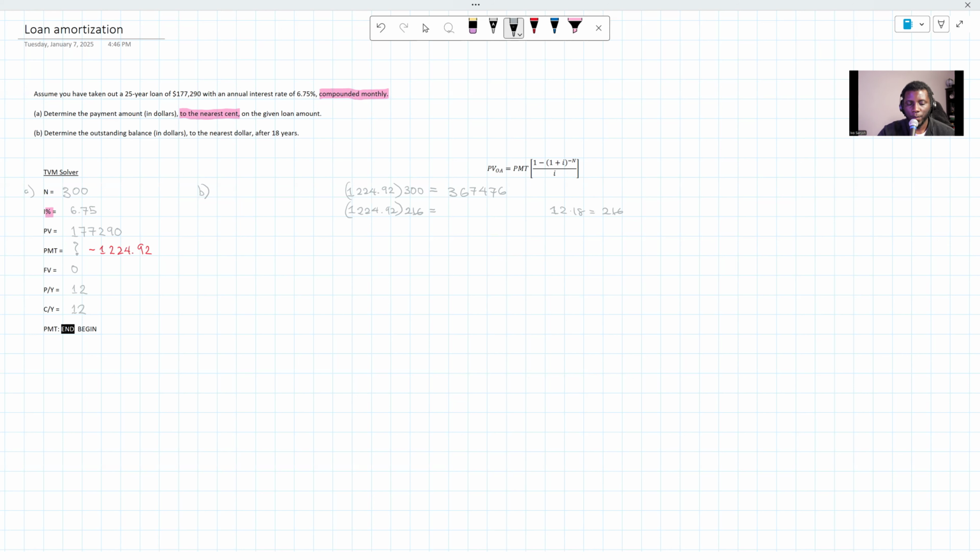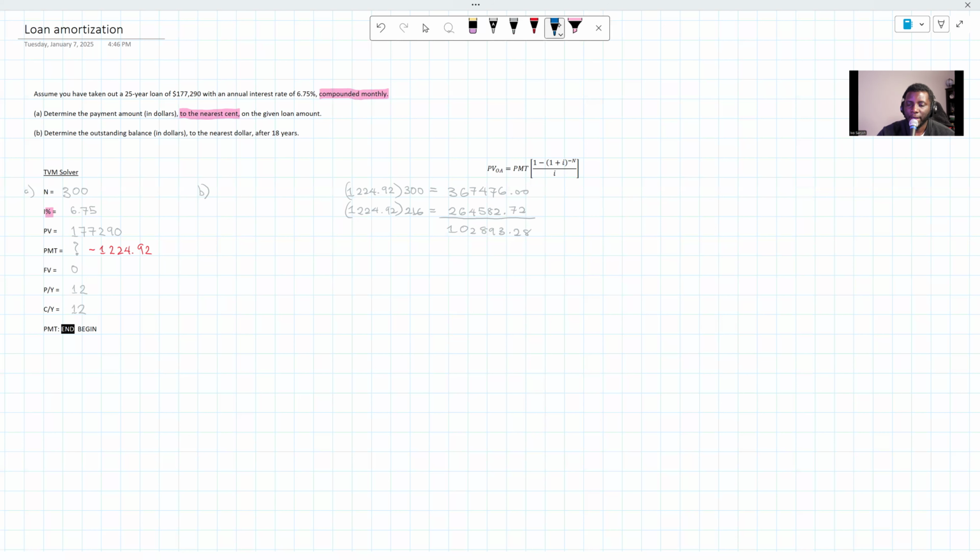And the amount that would have been paid over 18 years would be 264,582.72. So you would assume that the amount you have left over would be the difference in those two numbers, which in this case would be $102,893.28. But if you do that, your answer would be incorrect.